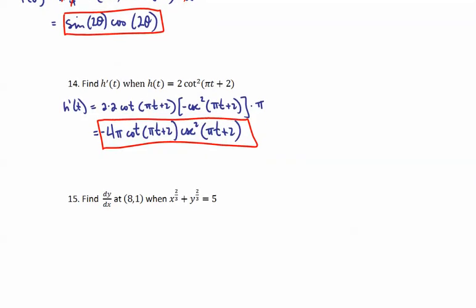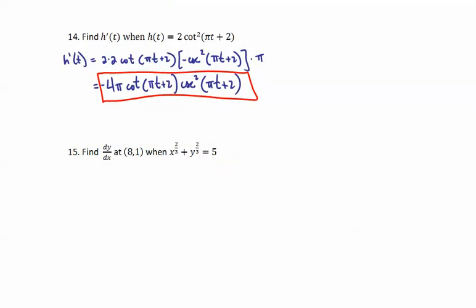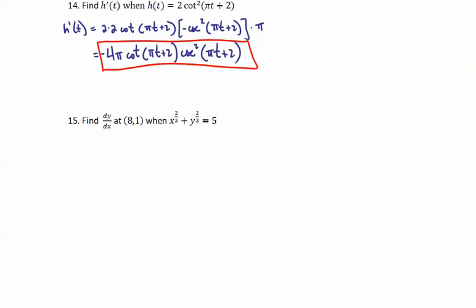With 15, we have implicit differentiation here. And so we'll need to find the derivative implicitly, and we'd find that by taking the derivative of both sides with respect to x.